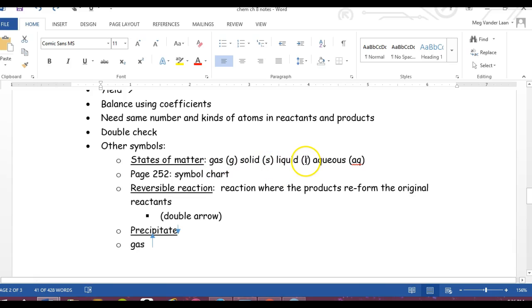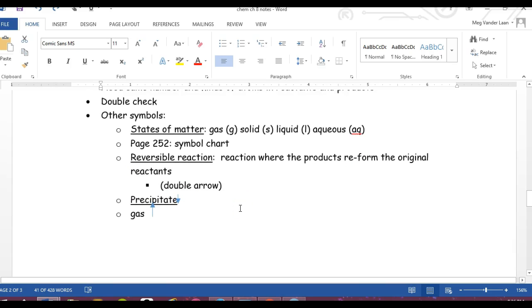Then an L, and usually this is a cursive L, and then aqueous, meaning it's dissolved in water, would be an AQ. There are other symbols, like I said, but those would go beside, and we'll do examples and show you what that would look like.